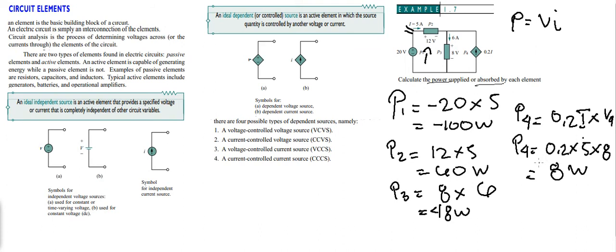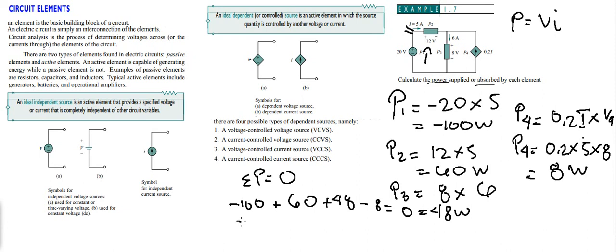So, yan yung i-prove natin, yung summation of power is equal to 0. We have negative 100, which is supply, plus yung 60 natin, plus 48 natin, minus yung 8 natin, simply mag-equal yan to 0 because we have negative 108 plus 60 plus 48, we have 108.